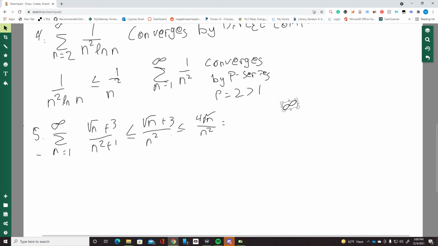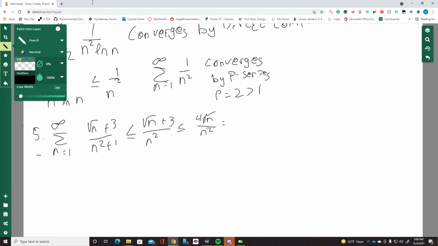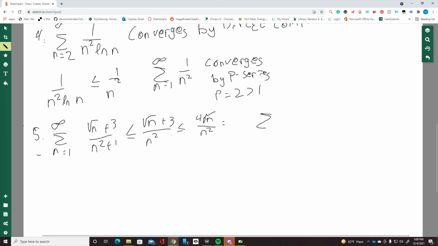We can take that away. So we can find out whether this converges or diverges. If this diverges, then we have to start over.